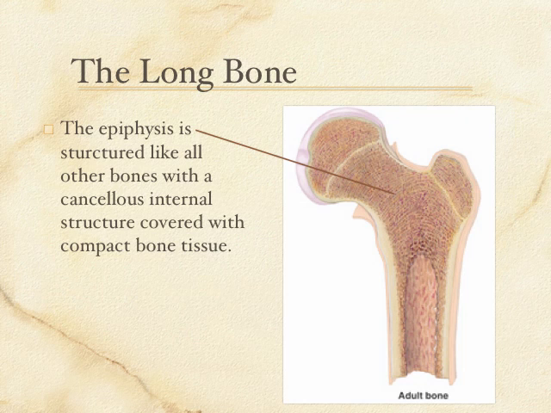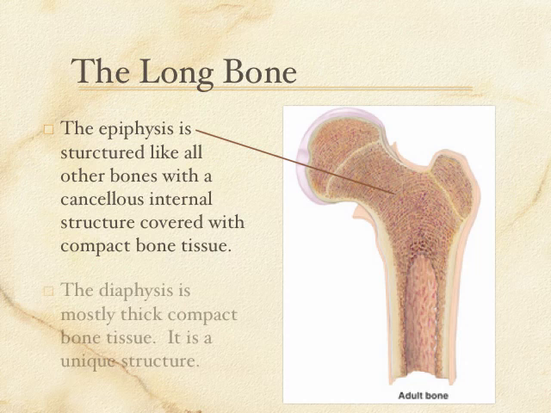So the diaphysis of a long bone is built to be extra strong. And here we find a very, very thick layer of compact bone. So thick, in fact, that it doesn't need much support internally. There will always be a little bit of cancellous bone on the inside, but not much.